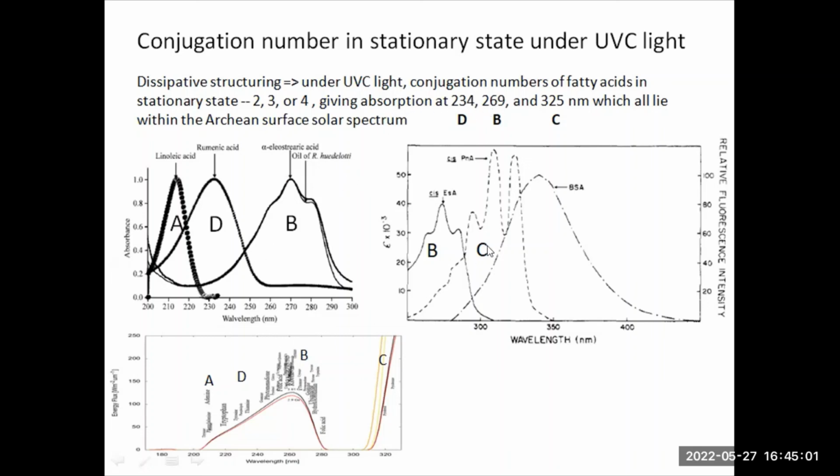And if we have 4 conjugated double bonds, which we can also have, then we get absorption at about 325 nanometers. And so I have plotted here on this graph the light arriving at the ocean surface at the origin of life, where these different single, double, triple, and 4 covalent bonds would be absorbing. From the graph here, we see that the conjugate 3 is the greatest absorbing because this is where the greatest amount of light is coming in, and maybe also C here, which is 4 conjugate bonds.